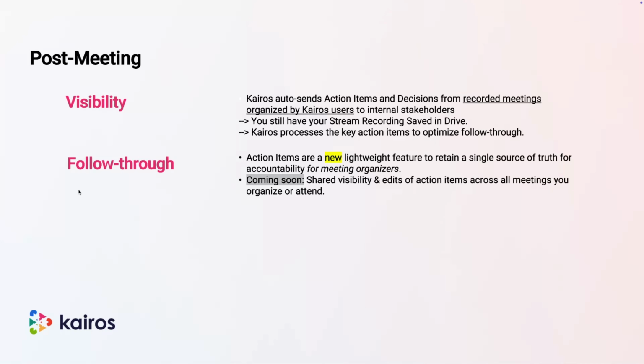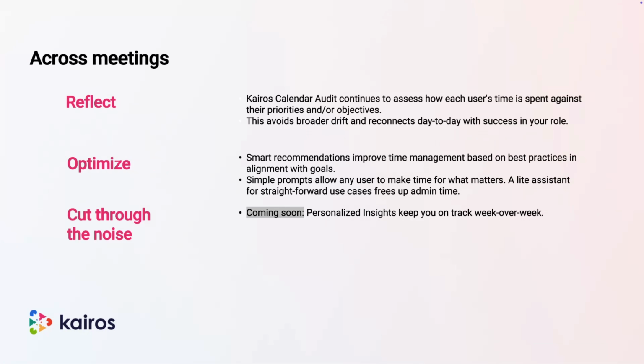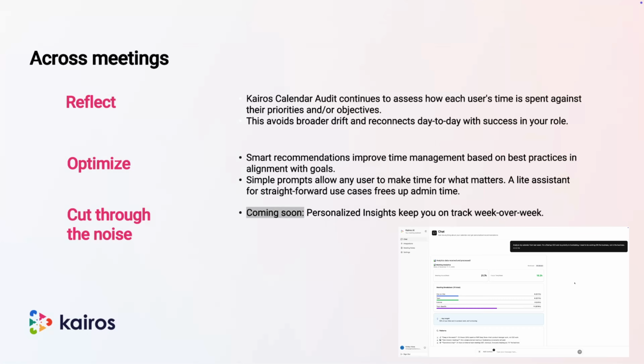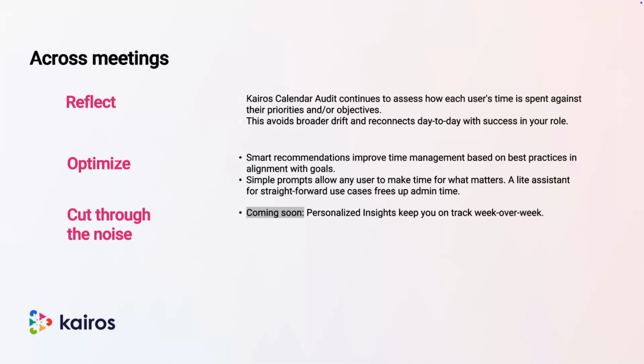That's also where you then will find the single source of truth in your Kairos web app. And finally, addressing the compounding effect of having a back-to-back calendar, Kairos can help you with the AI calendar audit, continue to optimize and implement smart recommendations today. We'll dive into each of those use cases in separate videos.